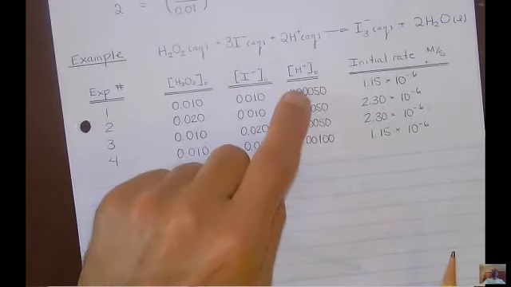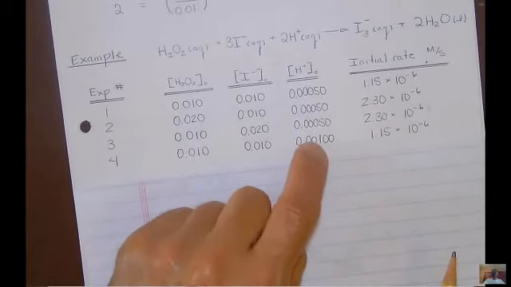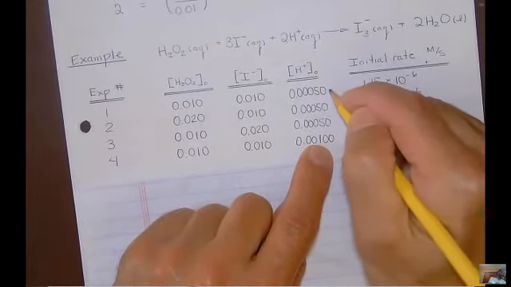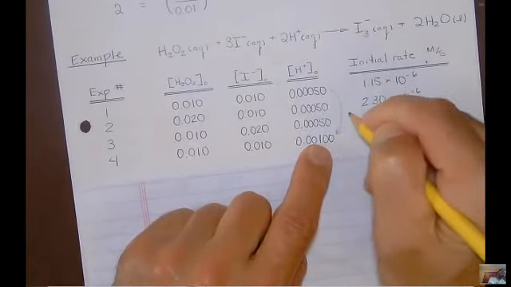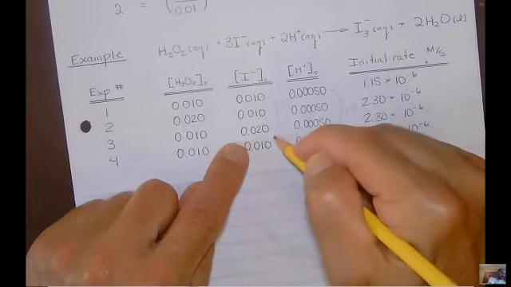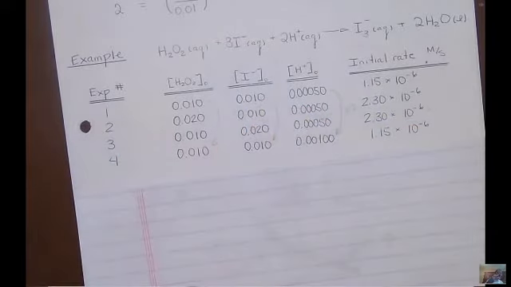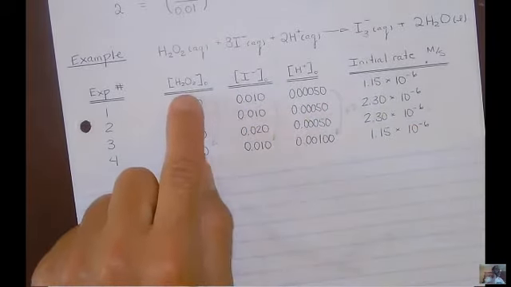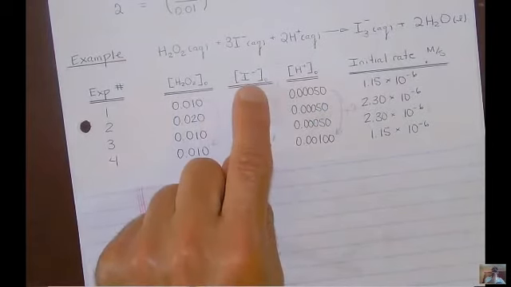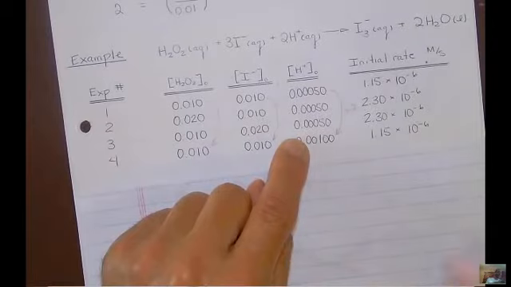But this doubles. 0.0005 compared to 0.001. This one down here is double. So from here to here, I doubled that while this did not change and this did not change. So I've factored out the effect of peroxide and the effect of I minus, and I'm just looking at the effect of the hydrogen. Well, let's see what happens.